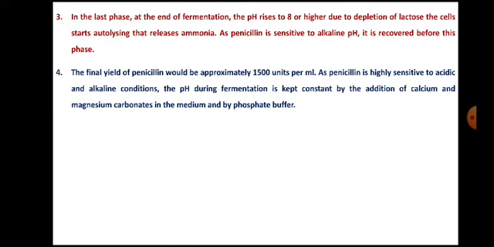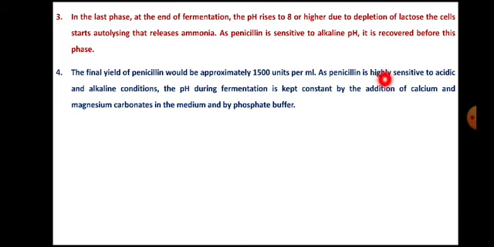The final yield of penicillin would be approximately 1500 international units per ml. This is just an approximation. The highest yielding strain gives 1500 international units per ml.